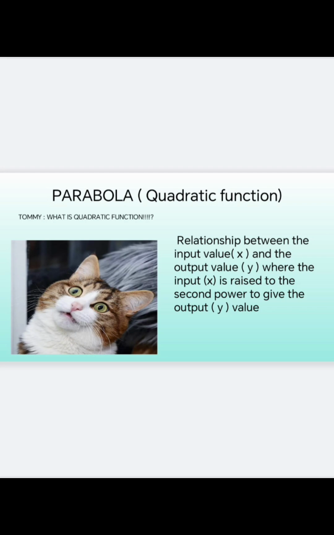The quadratic function is a relationship between the input value x and the output value y. You remember that when we are talking about the relationship between the input value x and the output value y, we are talking about a function as well. Now, specifically, the input x is raised to the second power to give the output value.